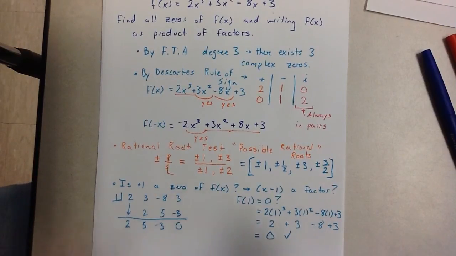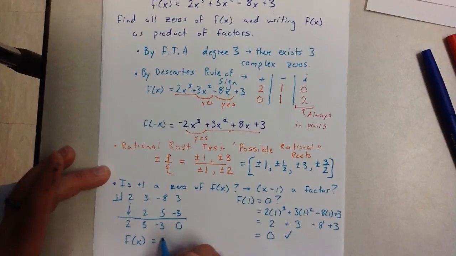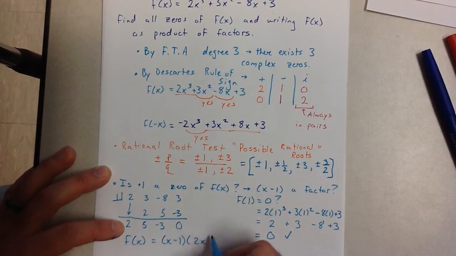So we already knew we were going to get 0. So what we have is x minus 1 is a factor. We are left with, again, we had a cubic function, so this is quadratic, 2x squared plus 5x minus 3.